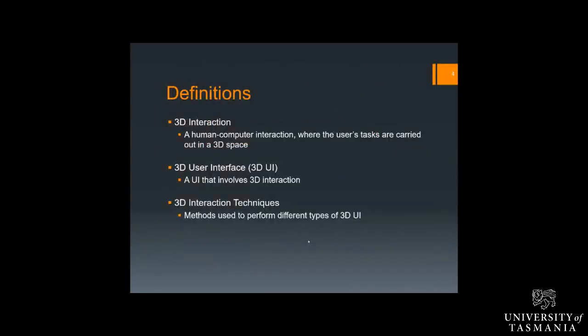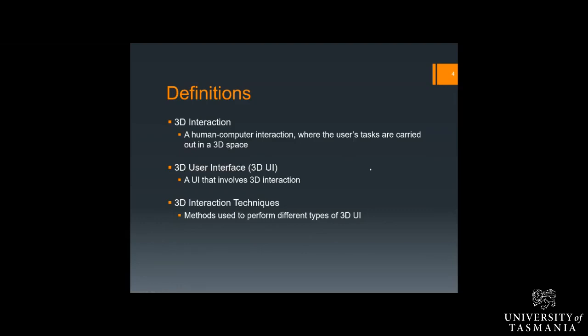So definitions. The 3D interaction here is how people perform tasks or carry out actions in 3D space. So that's really simple and straightforward. Okay, how would you move in 3D space? Some of these areas are called 3D user interface, sometimes people call them in short 3D UIs. Okay, so this is a user interface that involves 3D interaction.